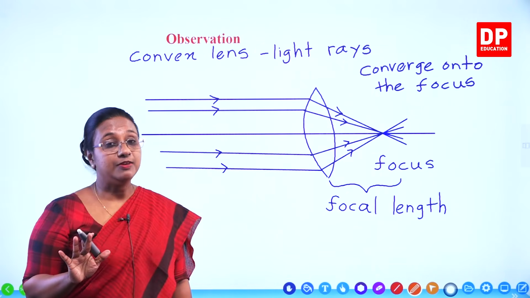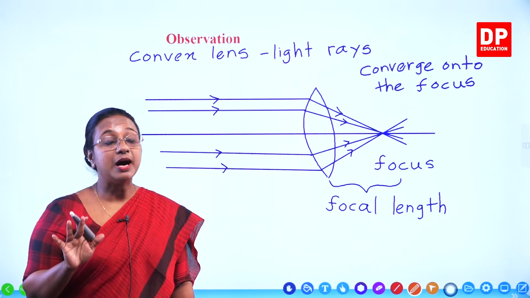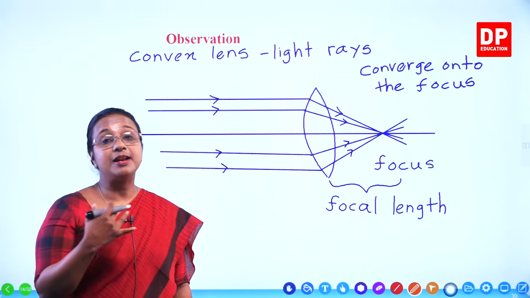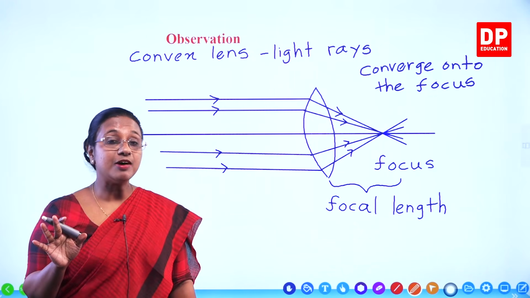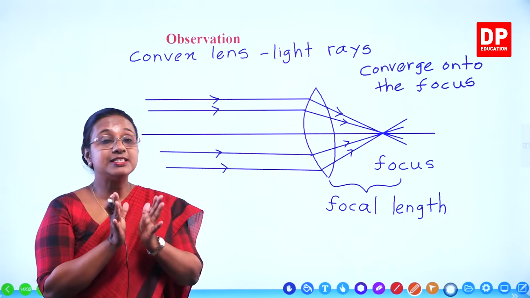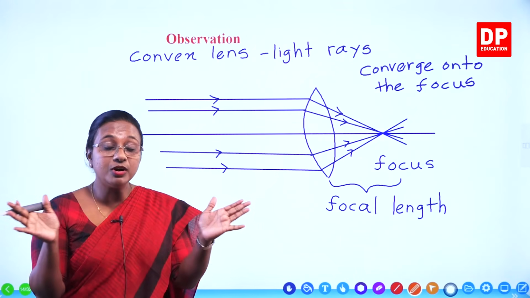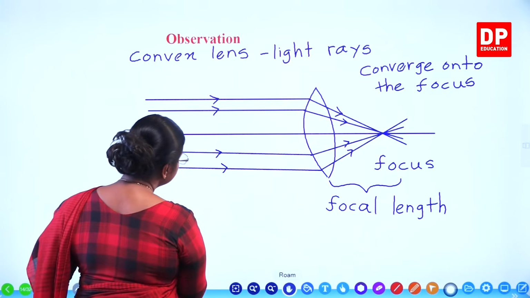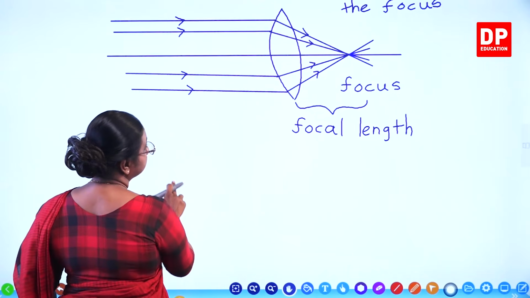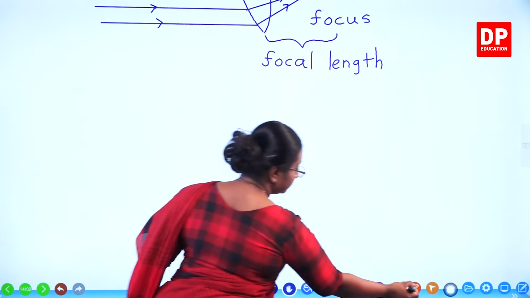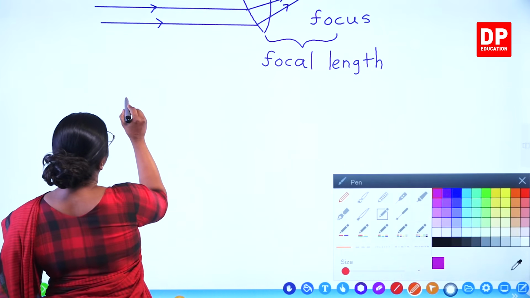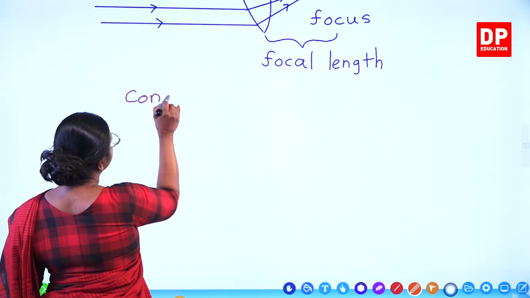After that, what did we do? We used the biconcave lens. There also we send the parallel beam of light, and there what did you see? The rays get diverged. They go away from the lens. So that is the next observation. We had the concave lens.